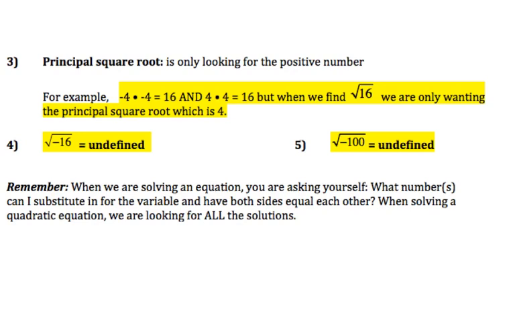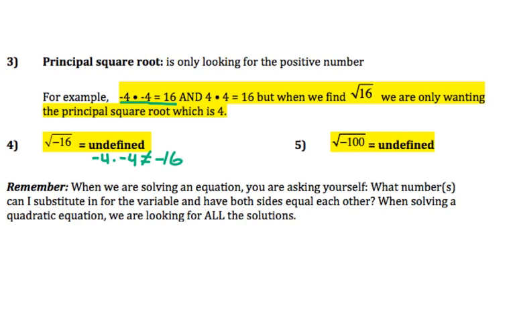Number 4. The square root of -16 is undefined. So if we exclude this sign and just think of what's there, it's 16. And the things that give us 16 would be -4 times -4. But that's not equal to -16, because -4 times -4 is positive 16.